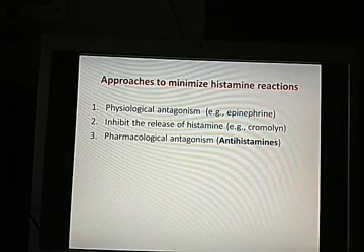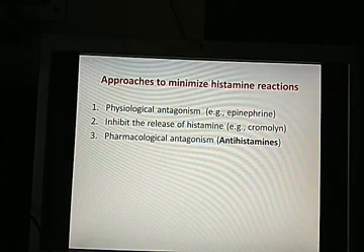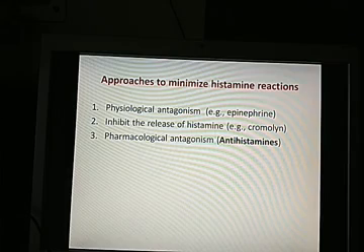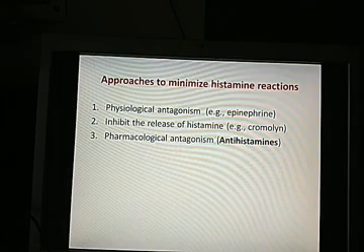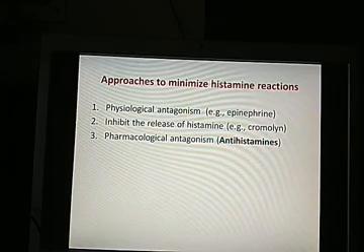Antagonism means a molecule that binds to the receptor of an original substrate and thus prevents the action of the endogenous substrate. However, in the case of physiological antagonism, the effect of a substrate is not produced; however, the drug binds to some other receptors, for example epinephrine.